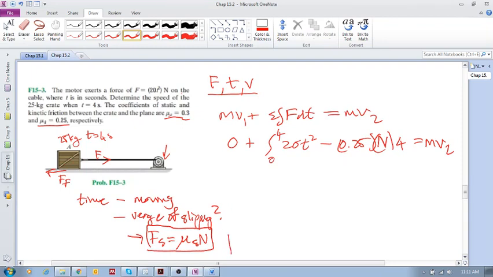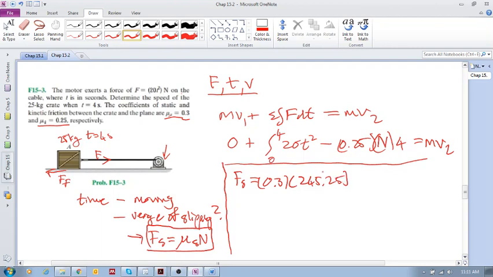So let's first calculate this. Fs is equal to mu_s N, which is 0.3 times 245.25. That's the normal force, you can calculate that. And that equals 73.57 newtons. So this is the static friction force. What we're saying is this force of 20t squared starts from 0.